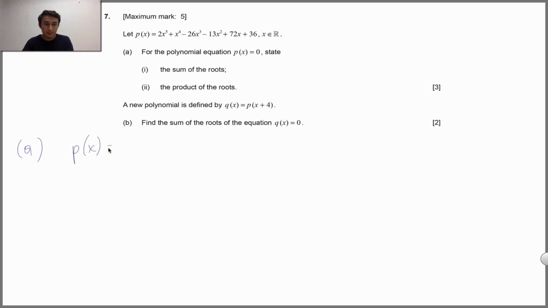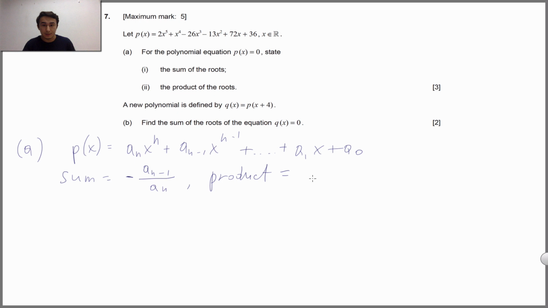For any polynomial, let's say the polynomial is given in the following form: a_n x^n plus a_(n-1) x^(n-1) plus and so on up to a_1 x plus a_0. The sum of the roots is equal to negative a_(n-1) over a_n, and the product of the roots is equal to negative 1 to the power of n, which is the degree of this polynomial, times a_0 divided by a_n.